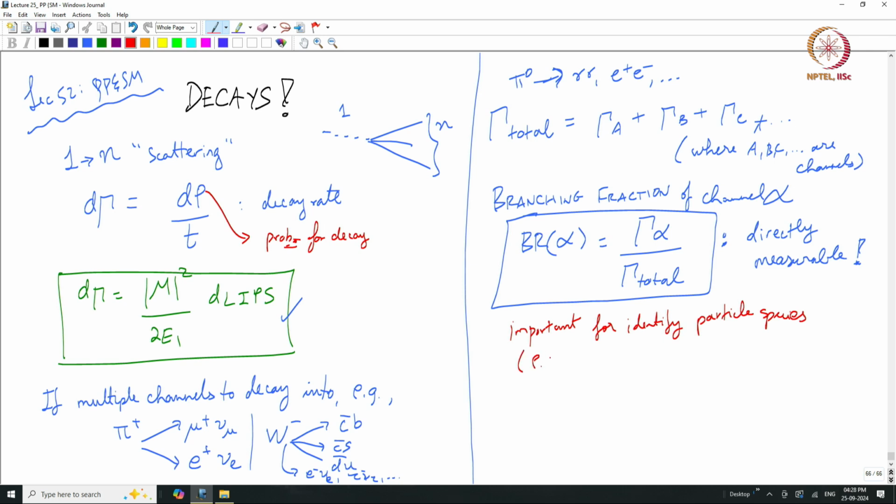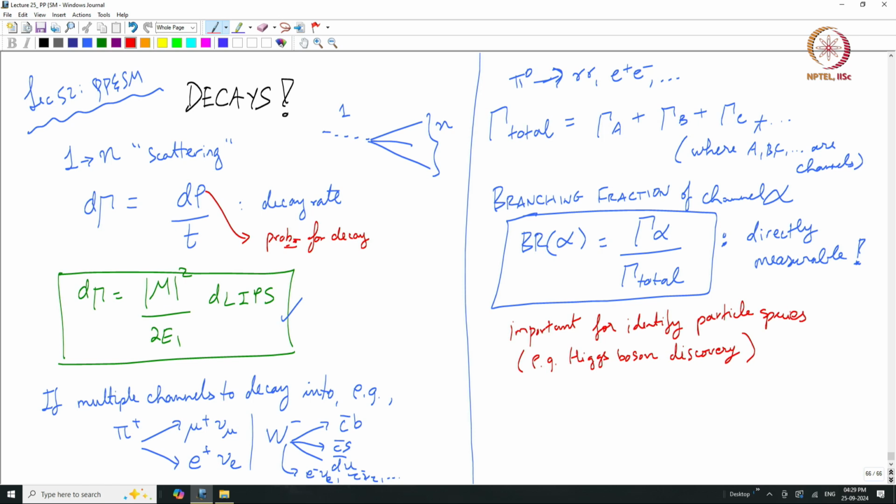For example, this is exactly how, so we have not really measured the total decay rate of the Higgs boson, but we did measure the various branching fractions, and that measurement was super important to really nail down the fact that we discovered not some imposter, but really the Higgs boson.